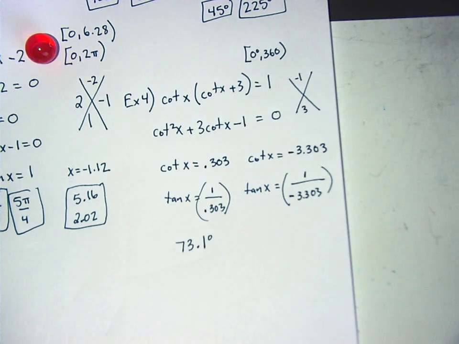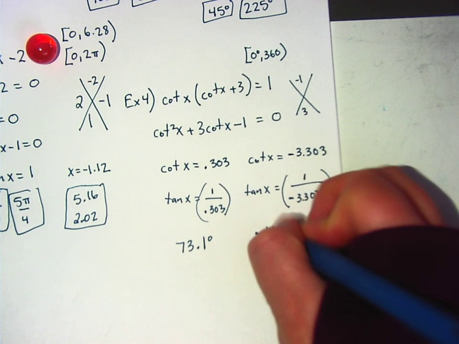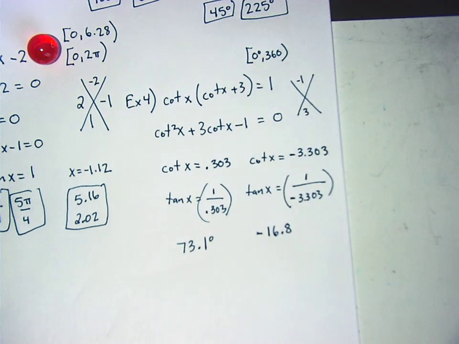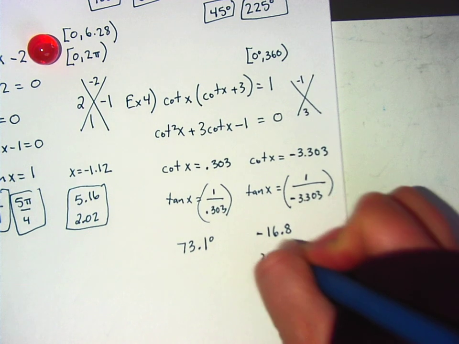And the other one is very similar, just needs a negative. Negative, what, 16.8? Which is the same thing as 360 minus 16.8, or 343.2.